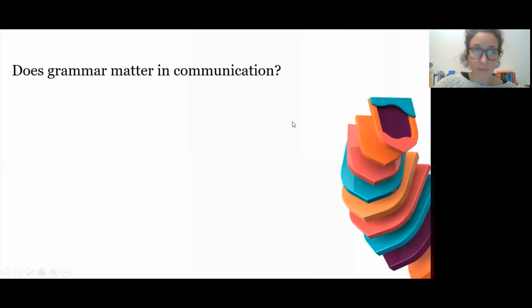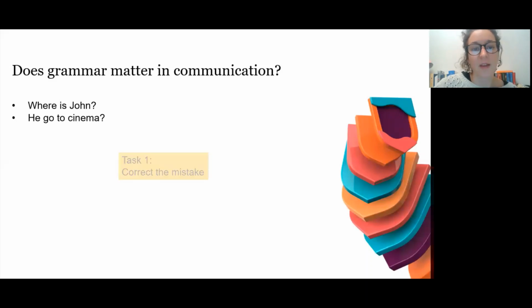So, does grammar matter in communication? This is a question to you. Let's have a look at this question on the screen. And here is the answer. Now type in the chat. Where is the mistake?